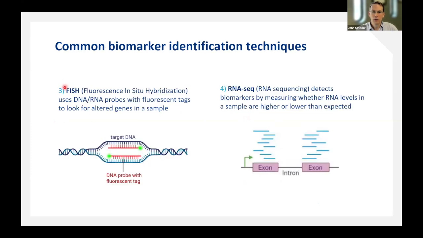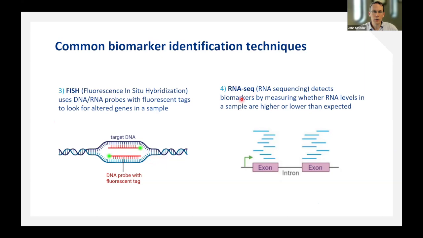Then we've got FISH, which is a really old test. This basically sets up probes to bind to portions of the DNA that have a gene of interest. So a classic one would be HER2 or ERBB2. And we're literally just counting how many probes there are on that chromosome to see if something is amplified. So you'll typically only get FISH for colon cancer to look for HER2 amplification.